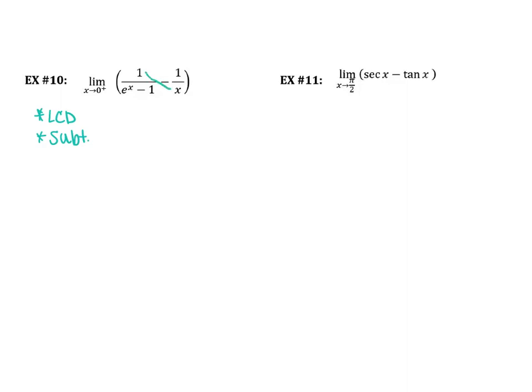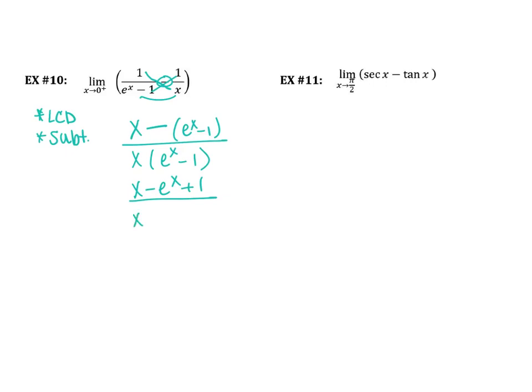That's going to be 1 times x, which is x, minus, because that's a minus sign, 1 times e to the x minus 1. And then that is all over x times e to the x minus 1. So let's see, please don't try to cancel that. You've just gone in a big O circle if you do. So let's see what we have here. We have x minus e to the x plus 1 over x times e to the x minus x.